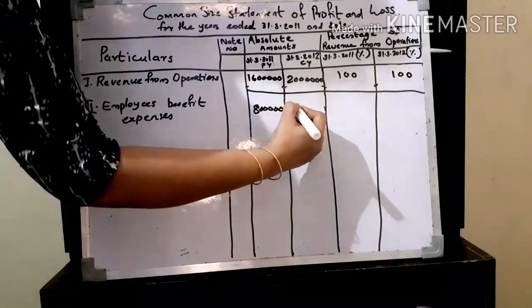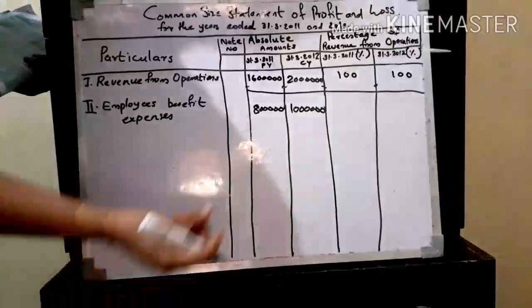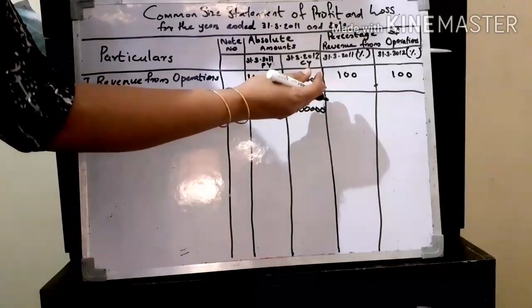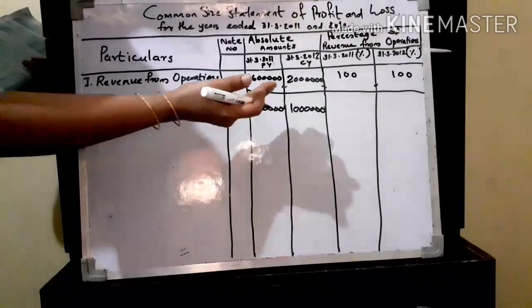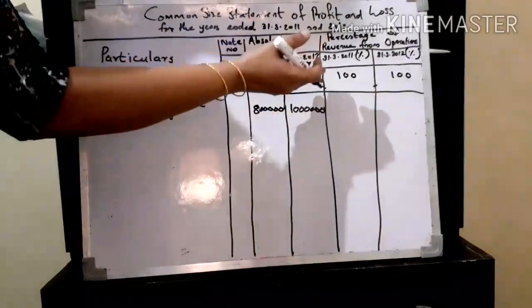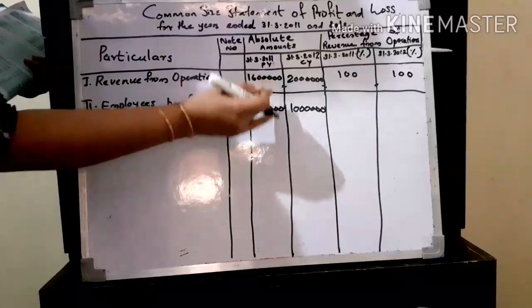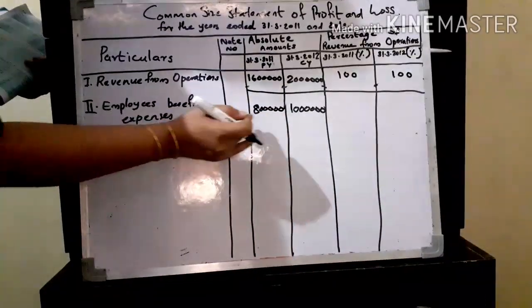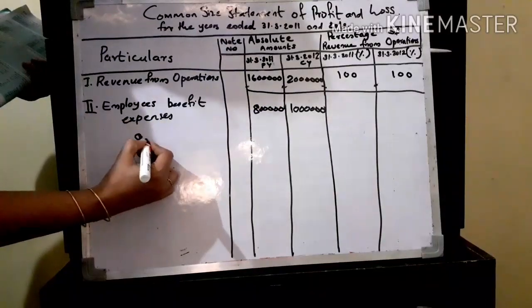Then how do we convert this amount, employee benefit expenses, into a percentage of the base, revenue from operations? You check the previous year employee benefit expenses, 8 lakhs. Then you write 8 lakhs.